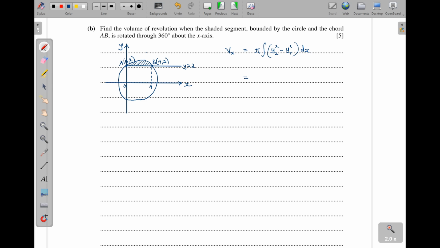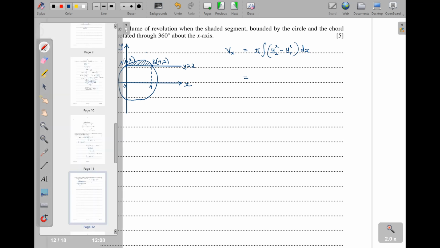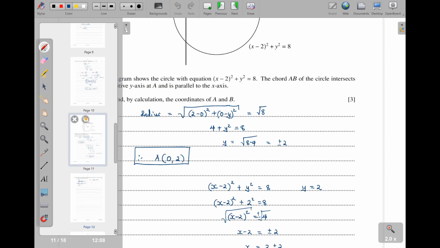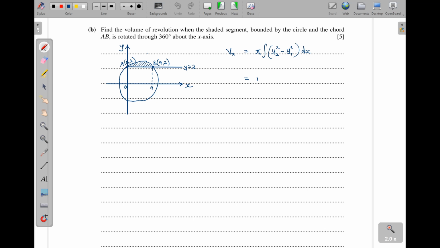So in that equation of the circle, we need, remember, if you check here, it is here. And we are supposed to make this y squared the subject of the formula. So it is going to be this 8, then minus this one here. So I will have pi here, then 8 minus (x minus 2) squared.